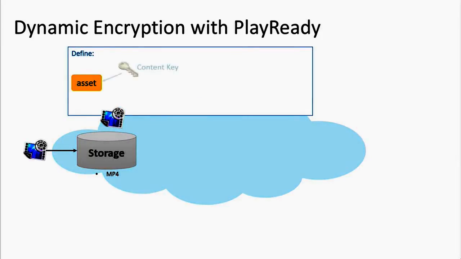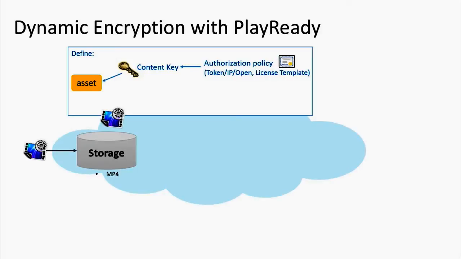Firstly, you need to configure a content key on the asset to tell us which key you want us to apply the encryption upon. And you will need to configure an authorization policy, which tells us how you want us to authorize the content key to your player. We support token restriction, IP restriction, or open policy. Meanwhile, the PlayReady license template could be set here as well.